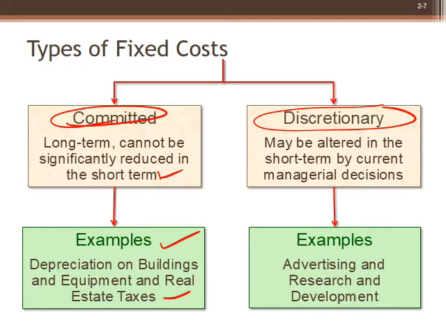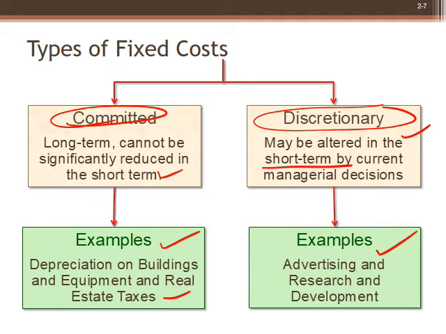The other category is discretionary fixed cost, which means fixed cost that may be altered in the short term by current managerial decisions. For example, research and development and advertising. If we pay for a billboard or pay for an advertisement to run the whole month on television or some YouTube channel, you have to pay a fixed amount, and that can be changed in the short term.